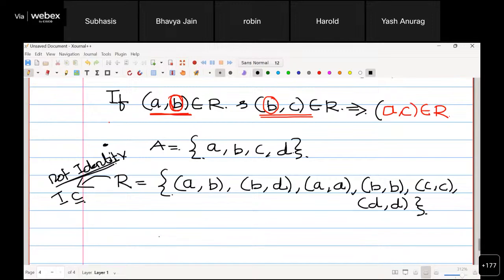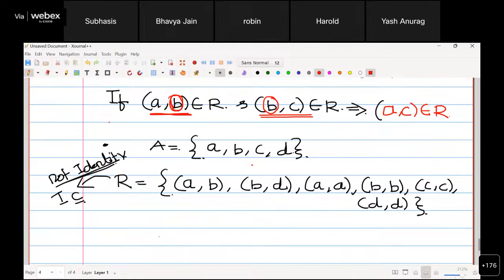Similarly, you can check that R is not a symmetric relation, because if I flip (A, B), I get (B, A), and in this case (B, A) is not in R. So R is reflexive, but R is not symmetric.